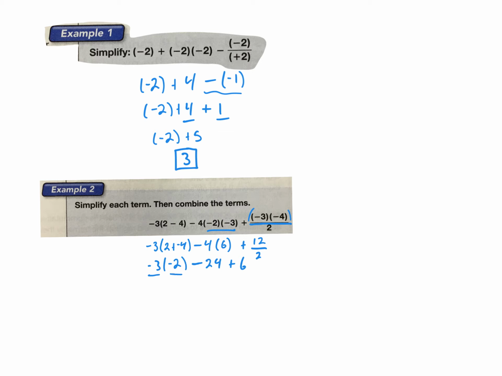Over here, negative 3 times negative 2 is a positive 6. Minus 24 plus 6. So I'm going to go ahead and combine these two together. 6 plus 6 is 12. So I'm going to have 12 minus 24, which is going to give me a negative 12.